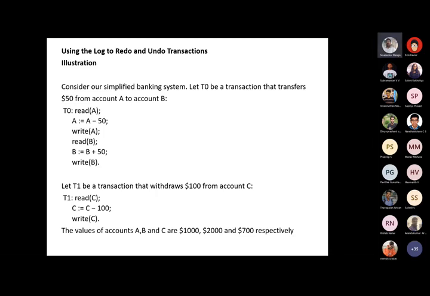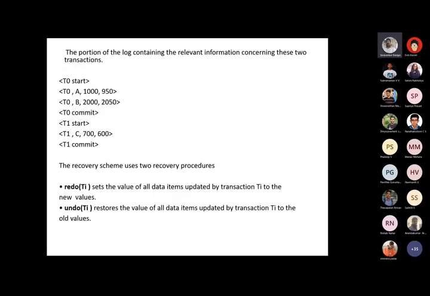Whenever there are write operations done in a database by a transaction, we are going to record it in a log file. This is the equivalent log file for these transactions.